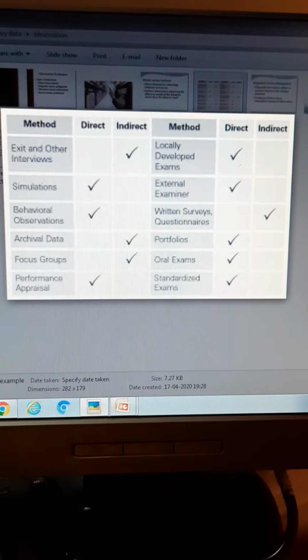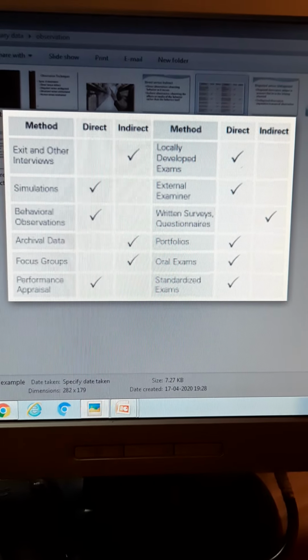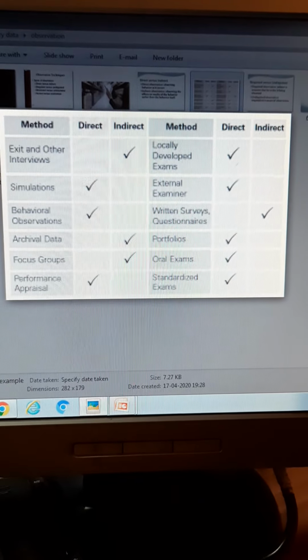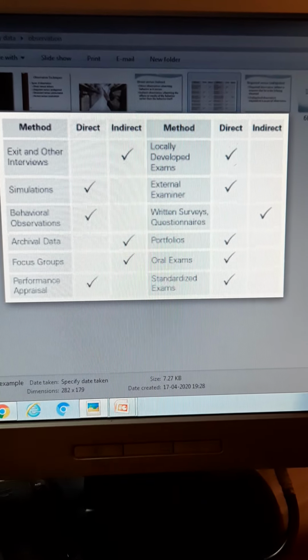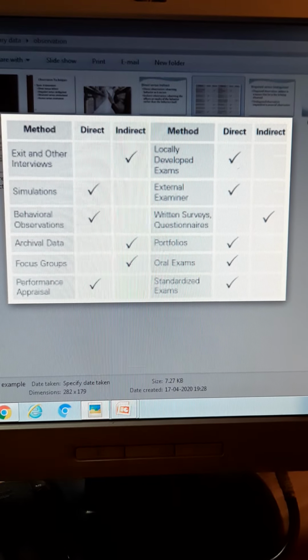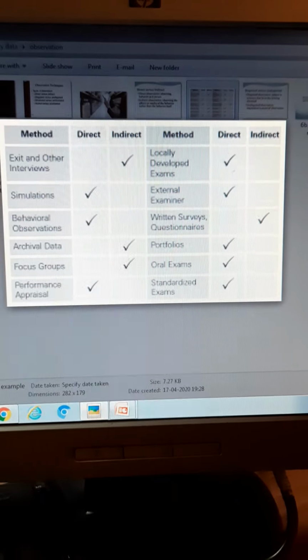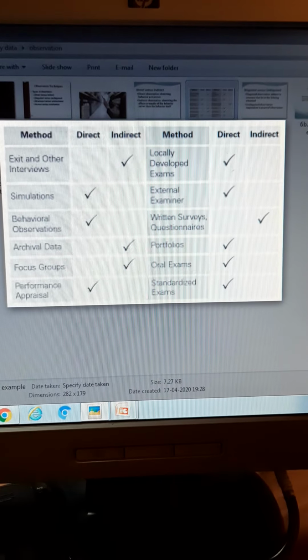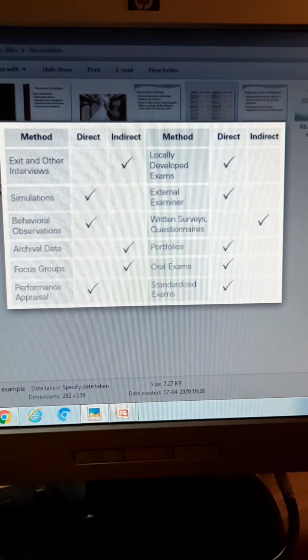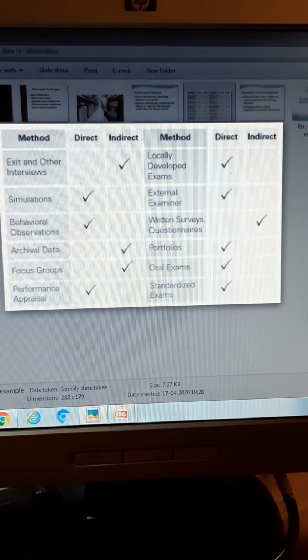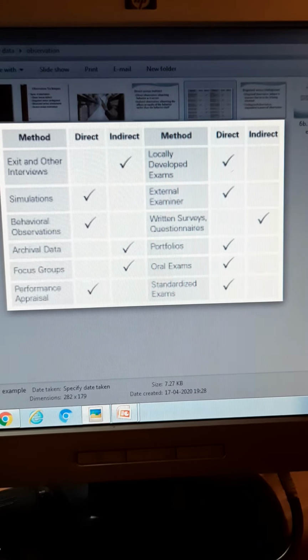Indirect method will be, instead of asking the librarian or the students, go to the library, see all the books and see how many times each book has been issued. There will be about 60% of the books that are never issued at all. So I come to know through indirect method that 60% of the books have not been issued.